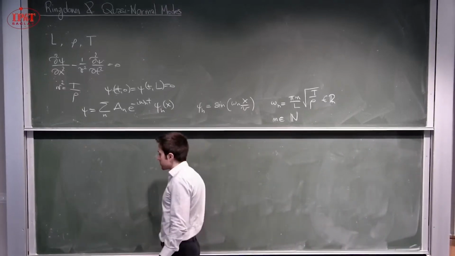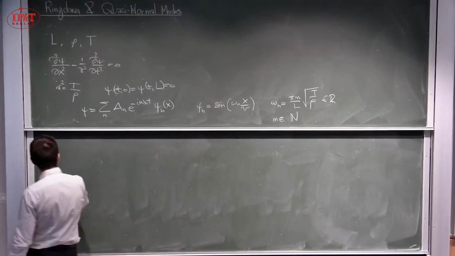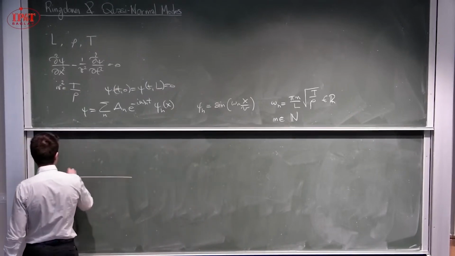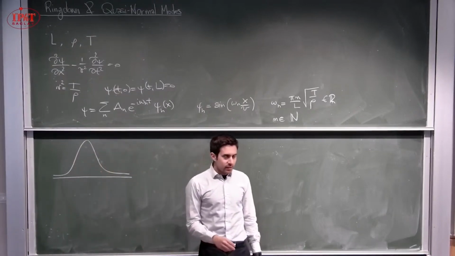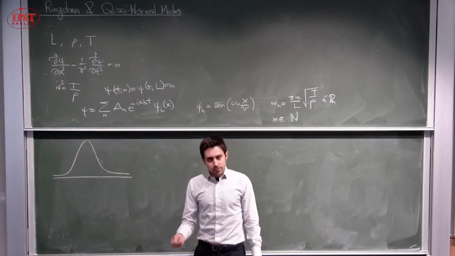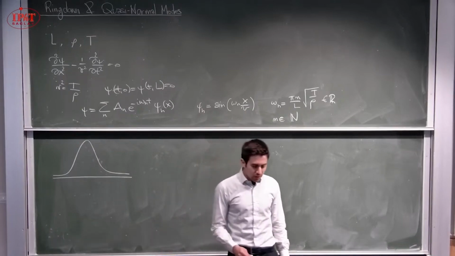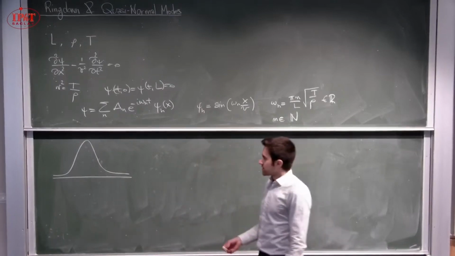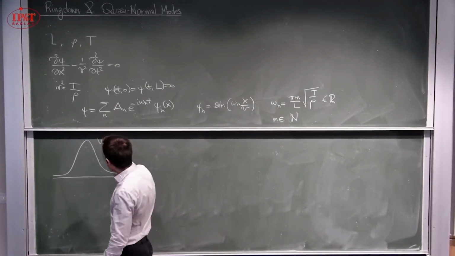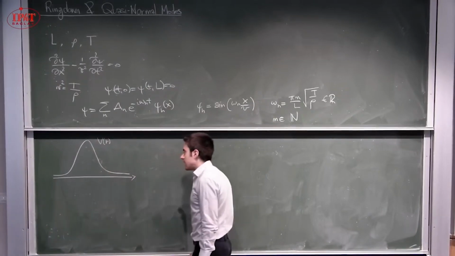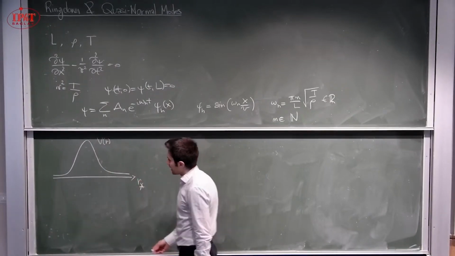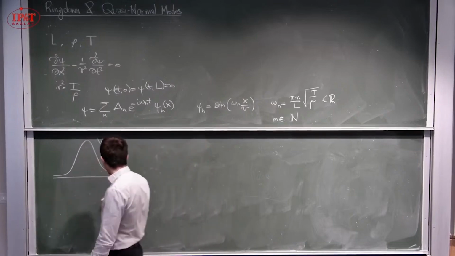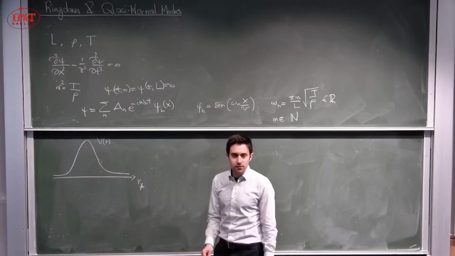So what I mean is the following. Let's go back to the potential that we have drawn on Monday. If you take a non-rotating black hole, we have written down the Regge-Wheeler and Zerilli equations. We said that there is a potential, the Regge-Wheeler-Zerilli potential, which is a function of r. And if we write this potential as a function of r star, minus infinity is the horizon, plus infinity is where the observer is, if you want.